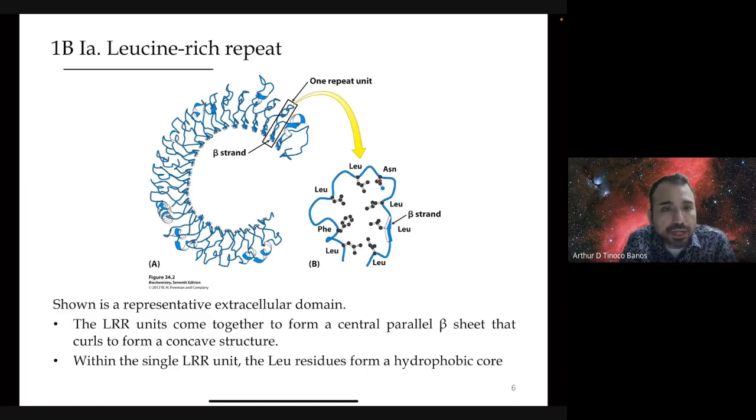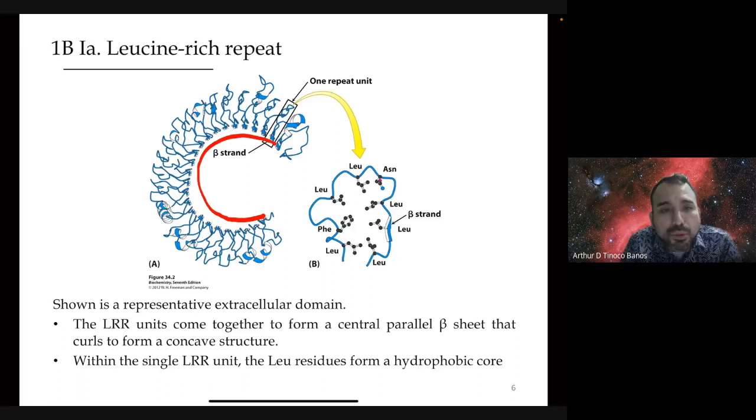All right, here we have a better perspective of what that component of the toll-like receptors looks like. So here is a representation of that extracellular domain. The leucine-rich repeat units come together to form a central parallel beta sheet that curls to form this concave structure. So you have the beta sheets, and you see this kind of structure right here, which is concave.